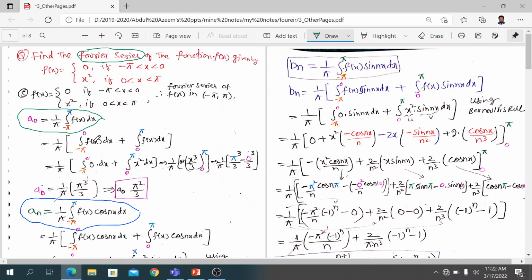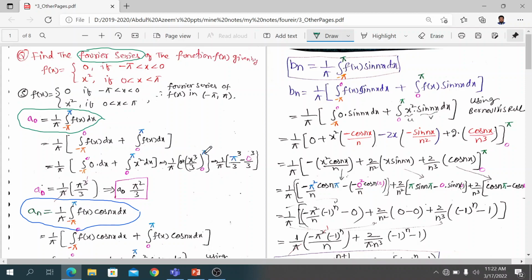Now what is f of x between the limit minus pi to 0? 0 into dx, plus 0 to pi, f of x is x square. Now 0 into something is 0. So 1 by pi outside, this is 0 plus integration of x square, x cube by 3, upper limit pi, lower limit 0.